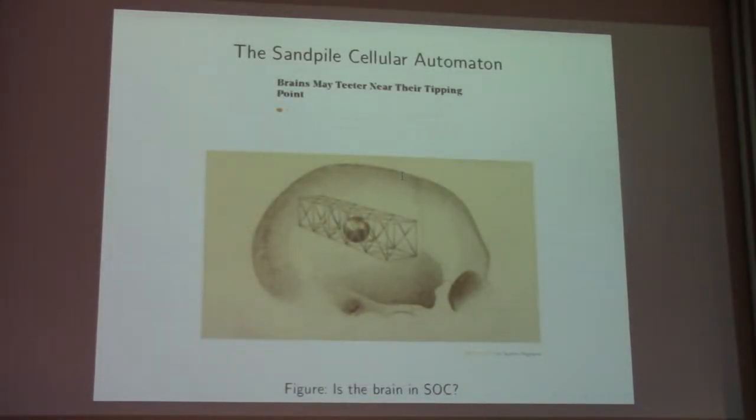Then Per Bak, this is a paper that just appeared in Quanta magazine last week or something like that. It's a popularization paper. Nevertheless, Bak went on trying to say, well, maybe this can model this and this and this and that, before dying.